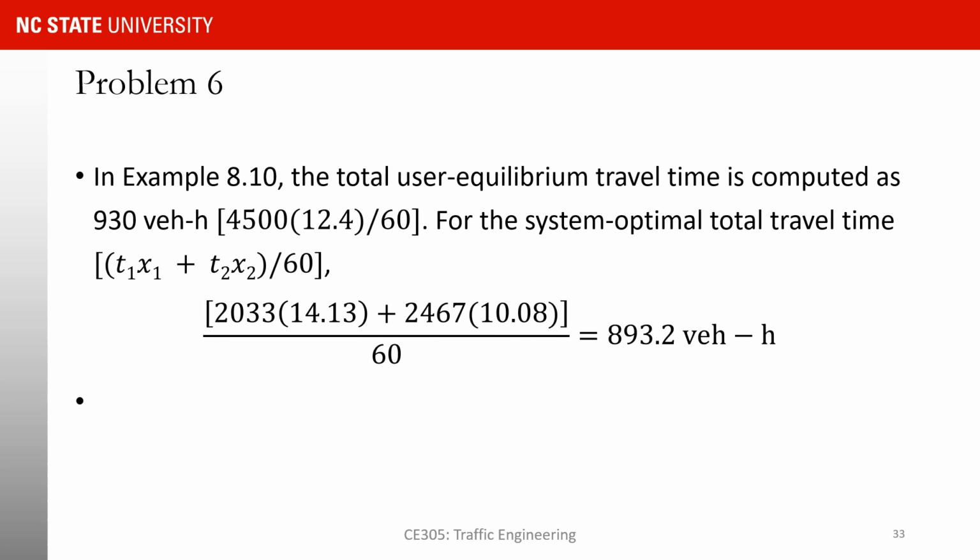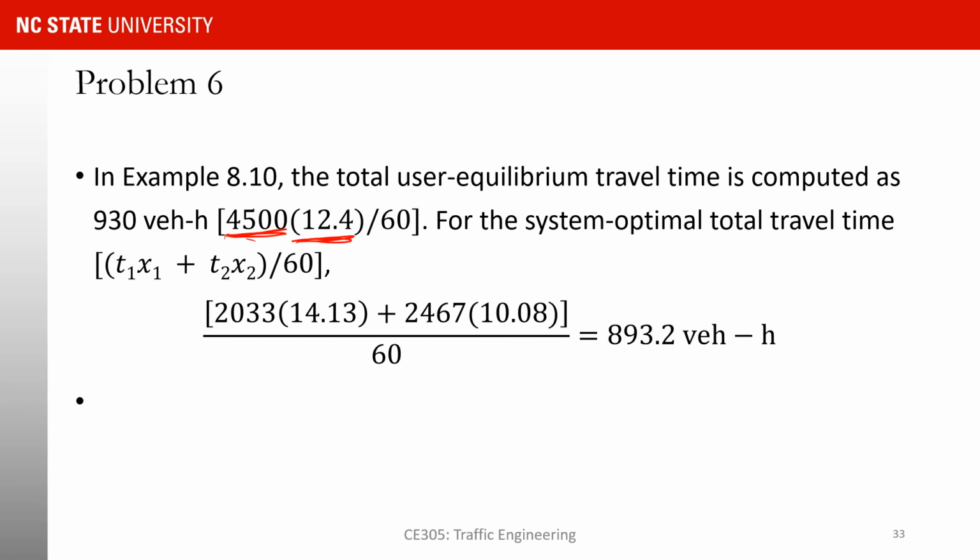So you have seen this before, so I'm not going to spend a lot of time here. For the user equilibrium, the total travel time is going to be 930 vehicle-hours, and I found that by multiplying 4,500 vehicles by the travel time for each vehicle, and I divided by 60 to convert it to hours. For the other one, I need to do it for each route separately.